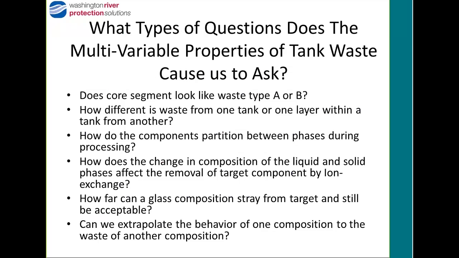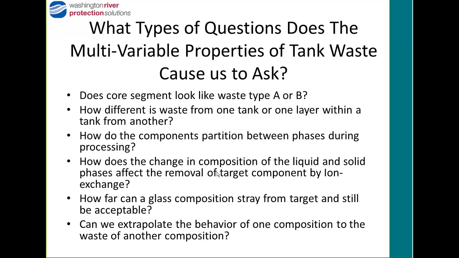So if you have this kind of variability, and you know that you have that kind of variability, what sort of questions does that cause you to ask? This is just me sitting down, brainstorming some of the questions that I've been forced to ask that come from our compositional variability. One is, we sample these tanks by taking a core segment, similar to a rock sample.